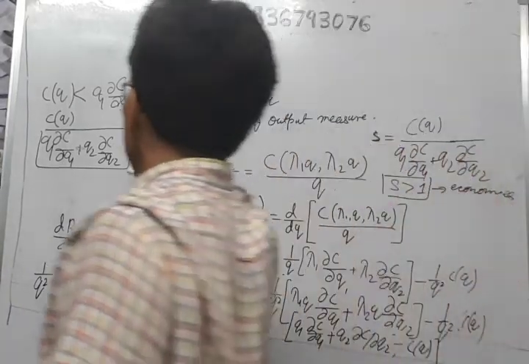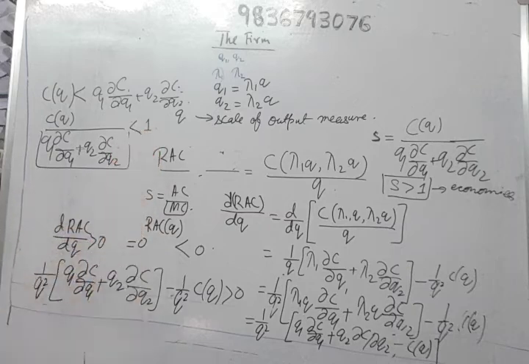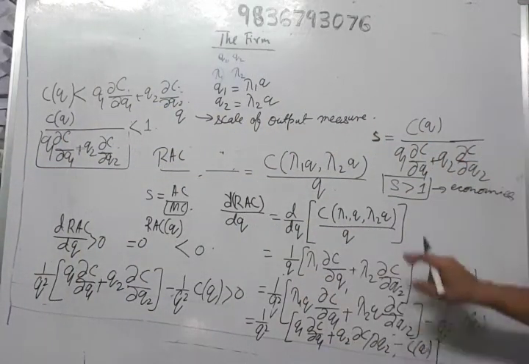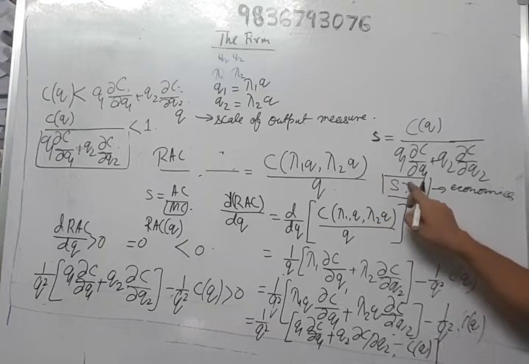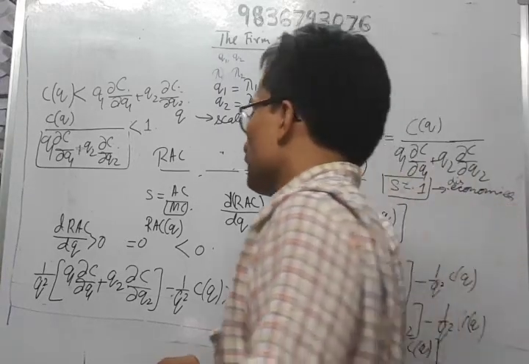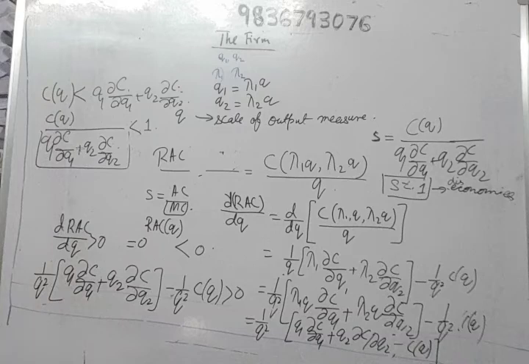Whereas when this ratio is less than 1, that means my average cost is increasing as I keep on increasing the output, then my S will be less than 1. And when the average cost remains constant, even if we keep on increasing the output, that means the cost of production and the revenue that we are generating consequently are increasing at the same rate, and hence my average cost remains unchanged.